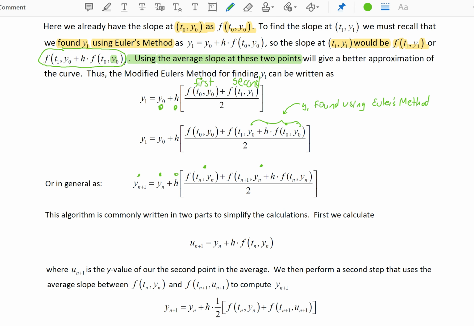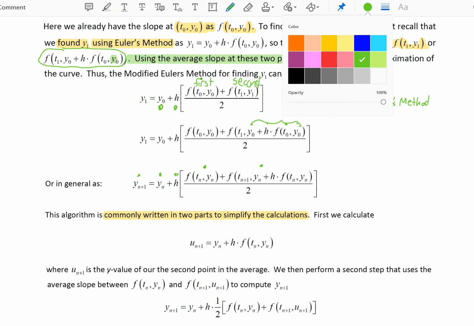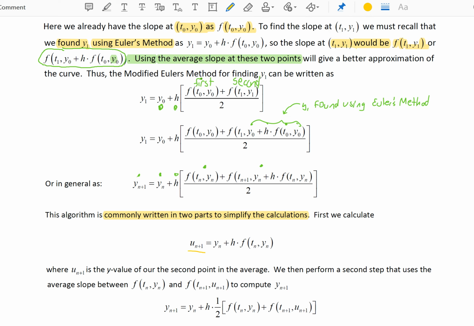Now, this algorithm is commonly written in two parts to simplify the calculation. First, we calculate u_{n+1}. Now, u_{n+1} is just this y value.